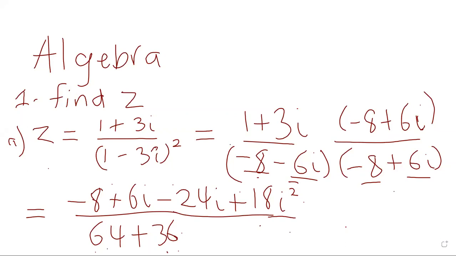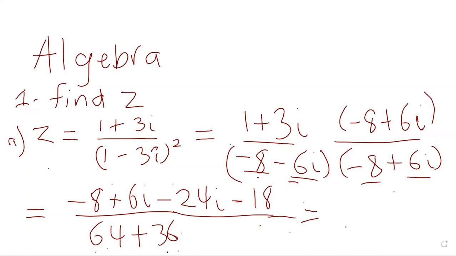So remove the i squared from here. This is the solution to the first equation. We're going to make it negative. So we are just going to simplify this.